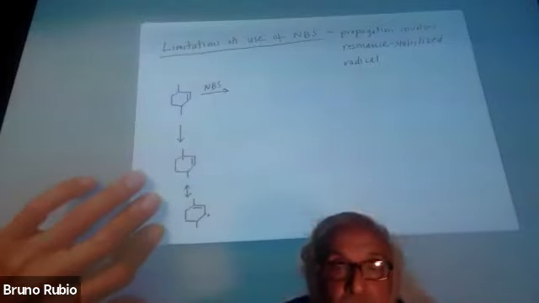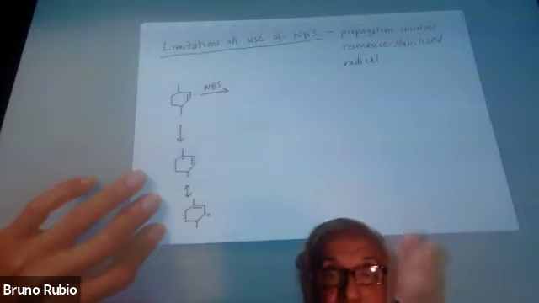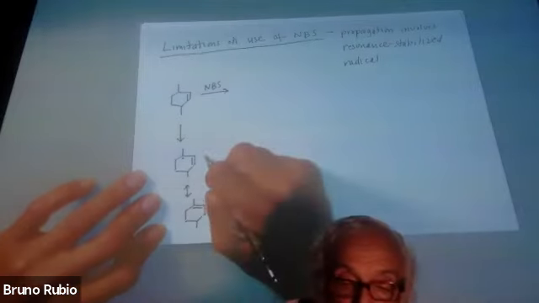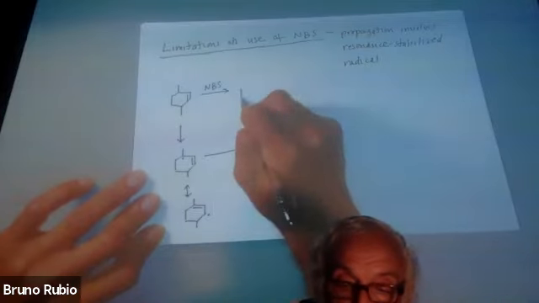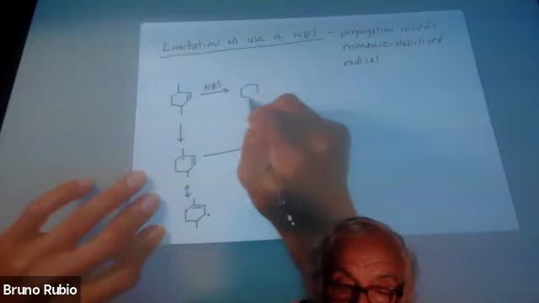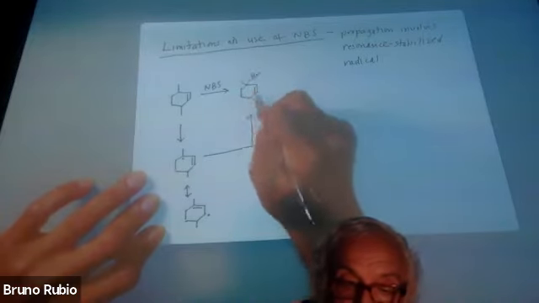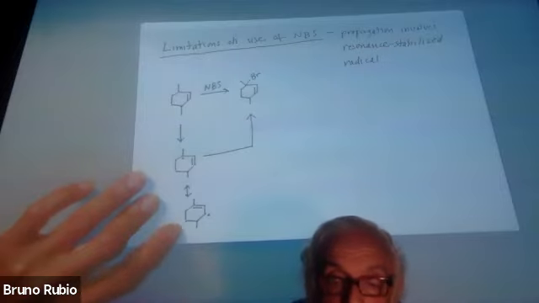And so what NBS is going to do is put Br everywhere you see a dot in the resonance structures of this intermediate. So this guy is going to give this product, which is, I guess, what we were expecting, right? Where just the allylic hydrogen has been replaced by a Br.